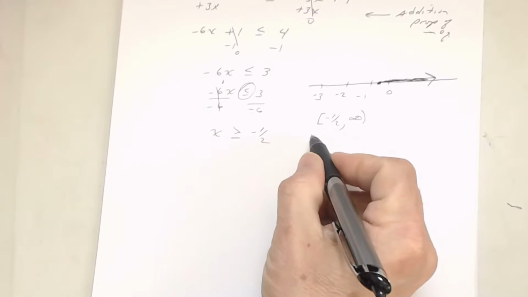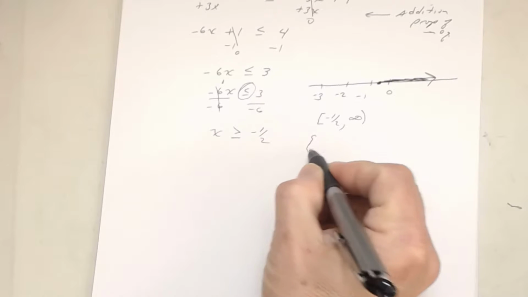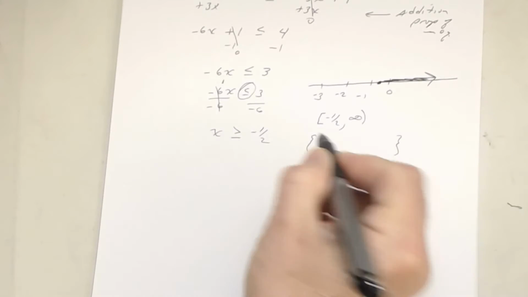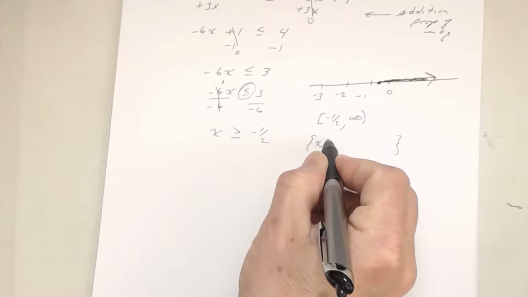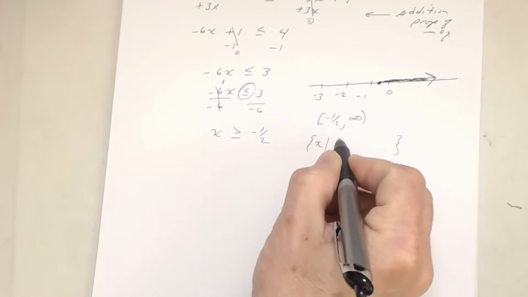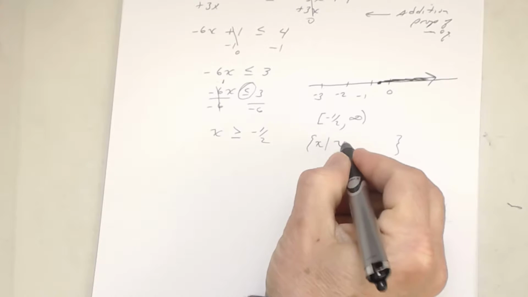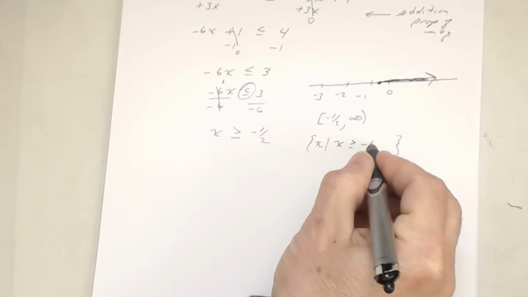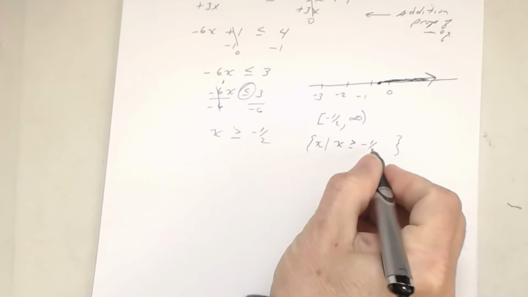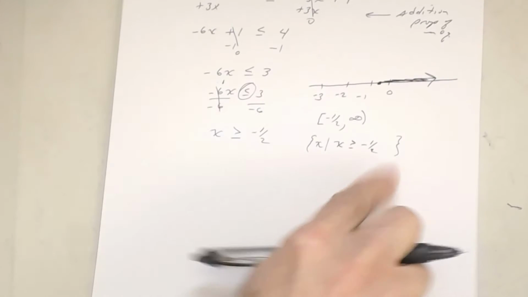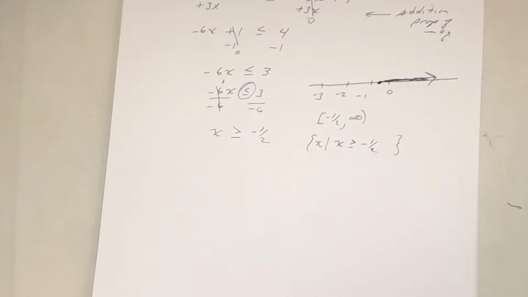And then set notation, you're going to say, those braces. So the set of x's such that, and you just rewrite this over. Such that what? Negative 1/2. Okay? All right. Yep, right here. The brace. Called brace. Okay, now let's look at this one.